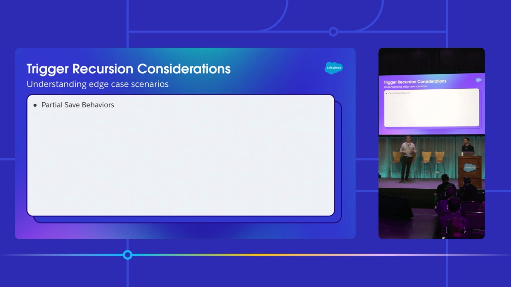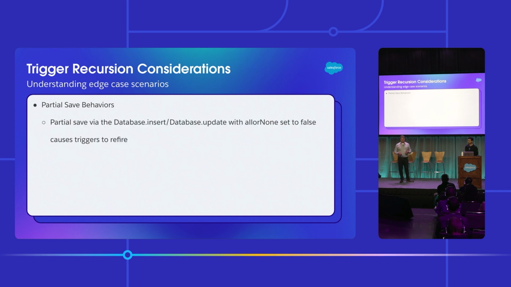The trigger will actually fire again for those previous 150 records. So you'll see them again. So if you've done something like used a map to say, I've seen these IDs, I've seen these records, or a set, that's not going to work because those are already going to be in that collection. So you need to make sure you reset that static and not use that type of mechanism.